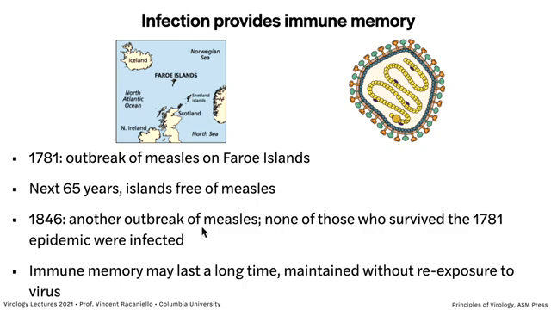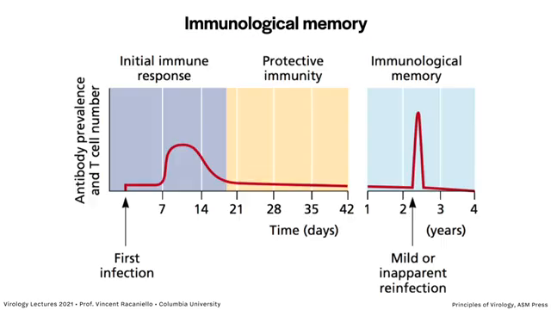In 1846, another outbreak, probably someone brought it on a ship. Nobody who was left after the 1781 epidemic was infected. They all had memory. And memory lasts a long time, and it's maintained without re-exposure to virus. There was no measles in the meantime to maintain it. You don't need the virus to maintain memory.